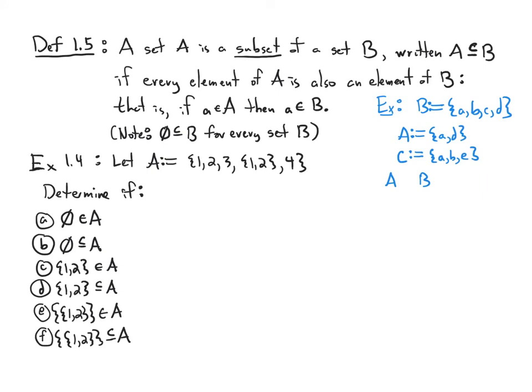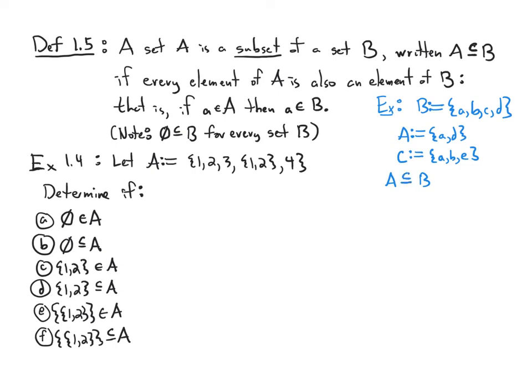So we have to ask if every element of the first set A is also an element of your second set. Well, little a is an element of B. Little d is an element of B. So all of the elements of A are also elements of B. So this is indeed a subset.